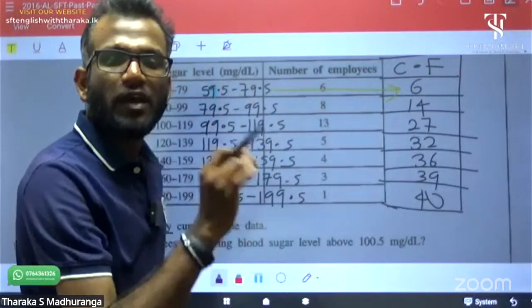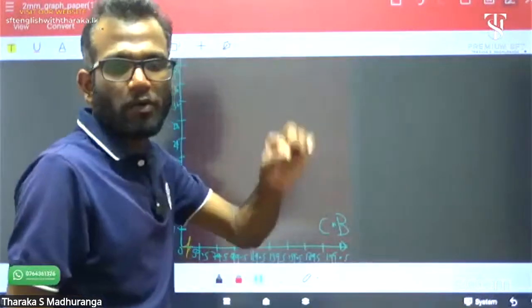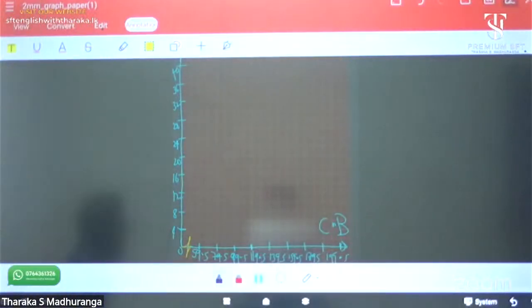Now tell me where we mark this 6, on the upper boundary or lower boundary?